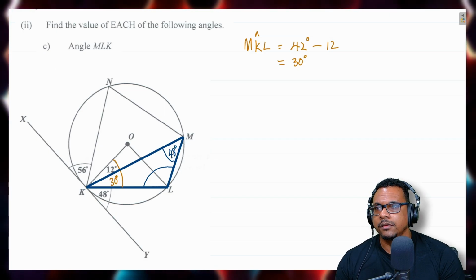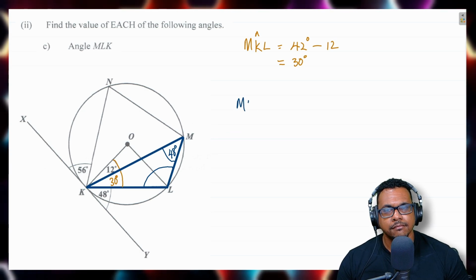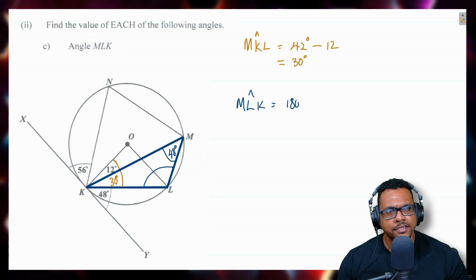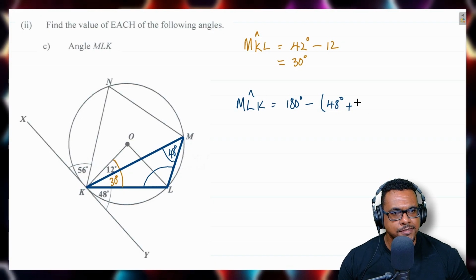So we had to add the 48 and the 30 and take it away from 180 and we'll get this angle here. So angle MLK is equal to 180 degrees, take away 48 degrees plus that 30 degrees.